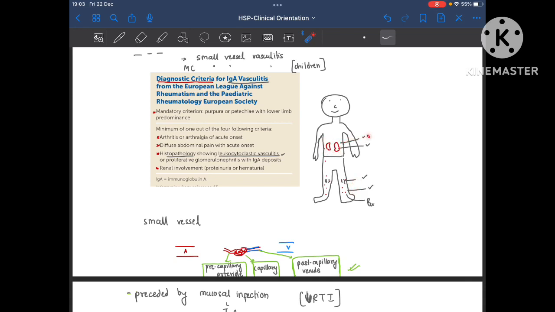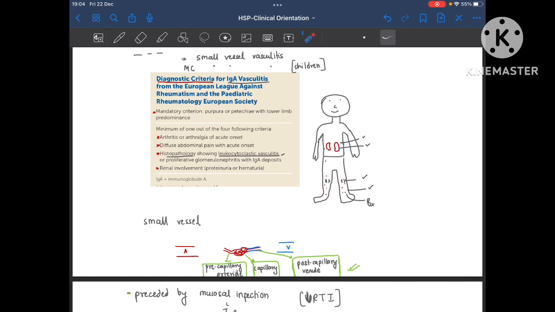Based on all these four features, and again from the lesion biopsy, there is a diagnostic criteria for IgA vasculitis, which was given by EULAR, European League Against Rheumatism, and the Pediatric Rheumatology European Society. EULAR gave the diagnostic criteria, which indicates one mandatory criterion and 4 other criteria.